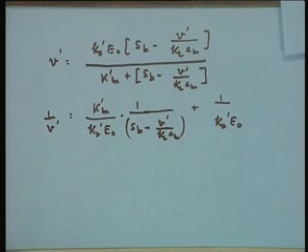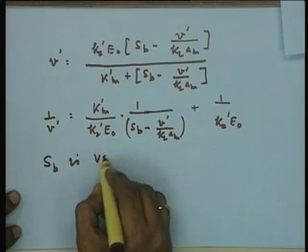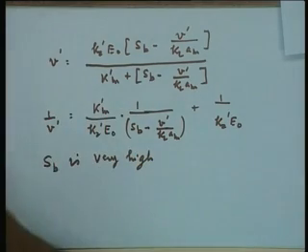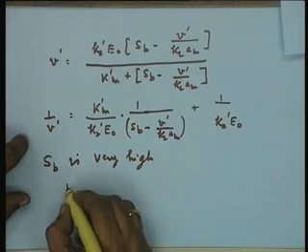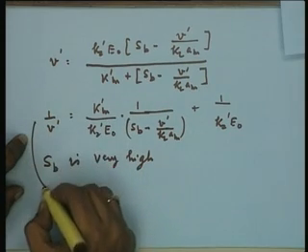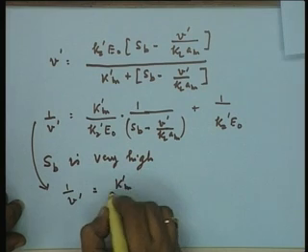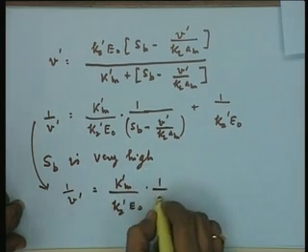Now, if you consider the extreme conditions, that is when SB is very large, or we are considering zero order design, from this expression you can get 1 upon V dash as equal to K dash m upon K2 dash E naught into 1 upon SB.